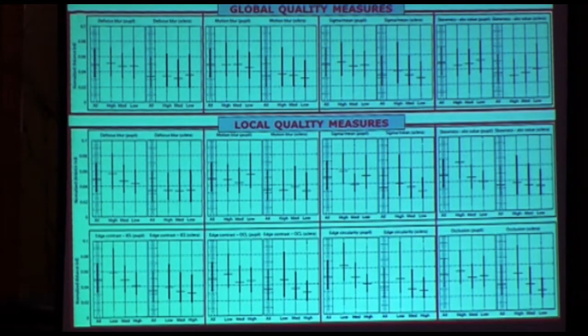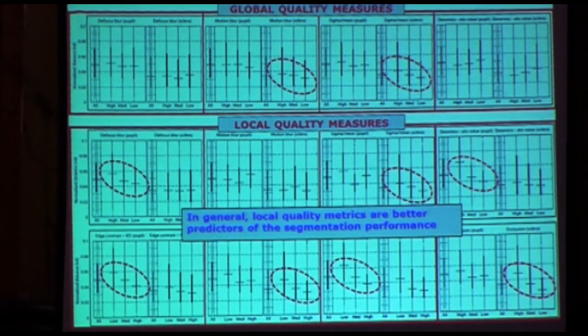The most important thing that we have observed is that local quality metrics in general are better predictors, meaning that the slope, as we move from low quality to high quality images, if we use global quality measures, is not as pronounced as when we have local quality measures.